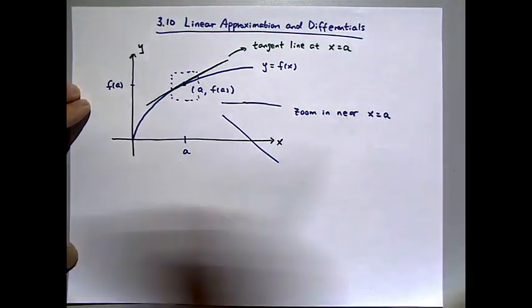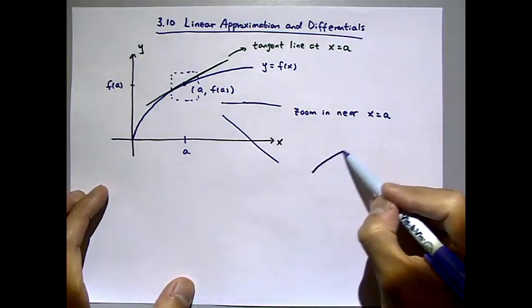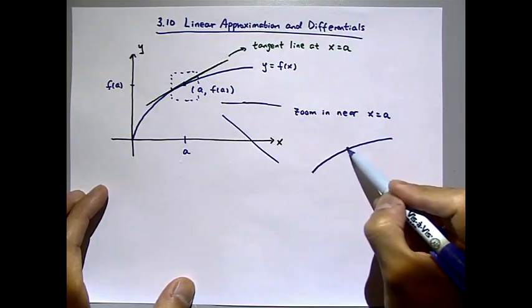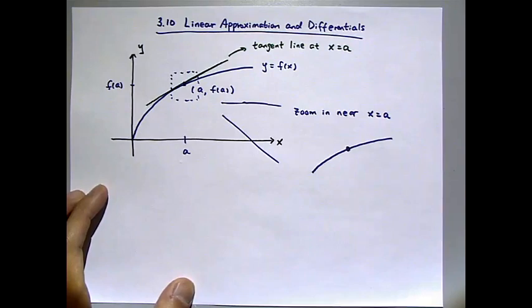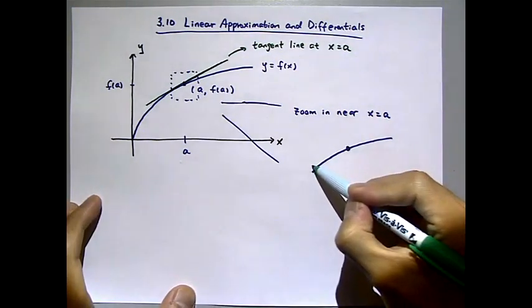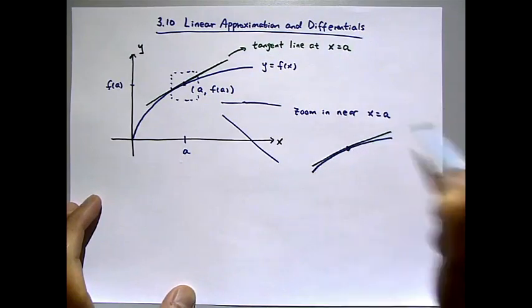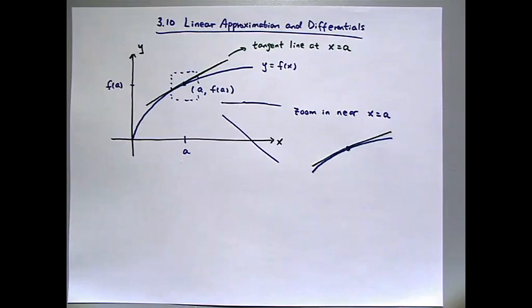What we will be seeing is that we see the curve itself, the blue one, and then the point. And you're going to find out that very close to that point, the tangent line is nearly indistinguishable from the curve itself.